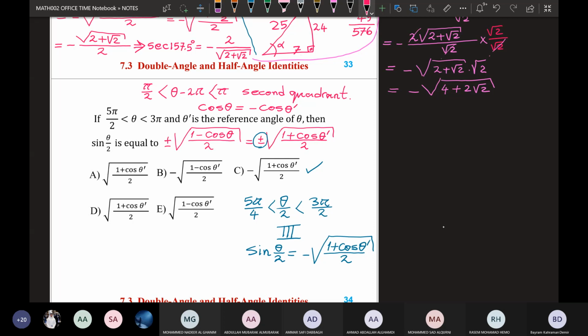So I have to understand where theta over 2 is. Theta between 5 pi over 2 and 3 pi, when you divide by 2, becomes between 5 pi over 4 and 3 pi over 2. That means theta over 2 is in the third quadrant, so sine of theta over 2 should be negative. So it is negative root of 1 plus cosine theta prime divided by 2. The correct answer is C in this case.